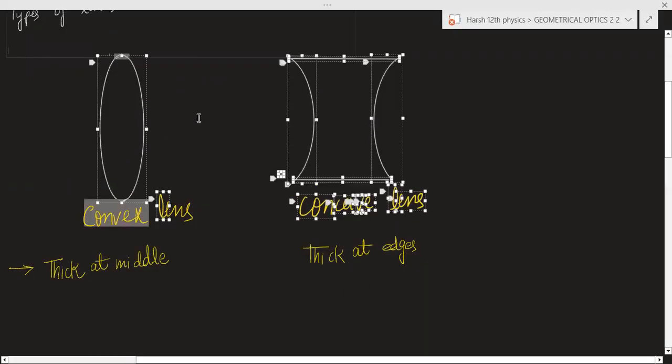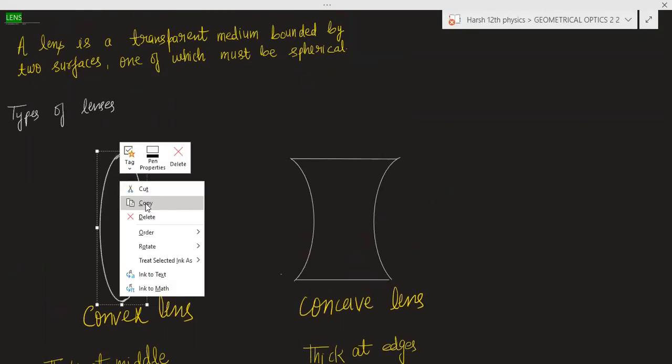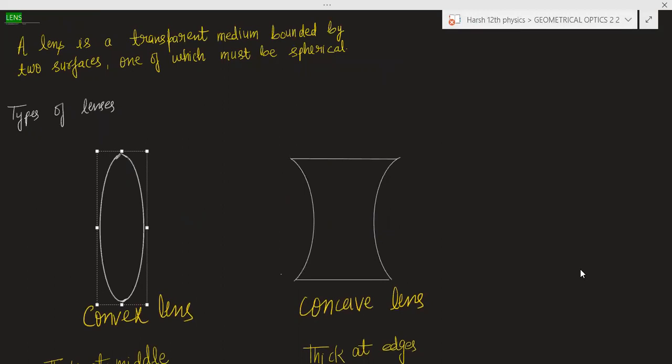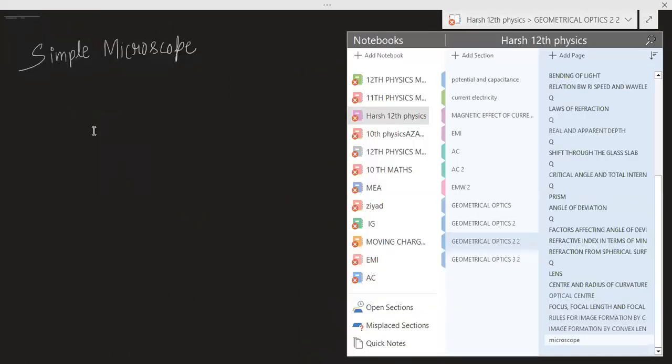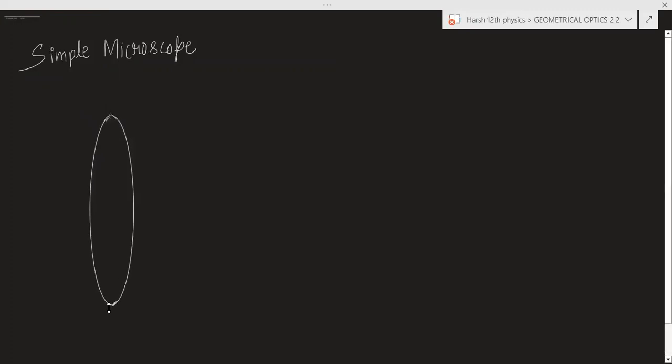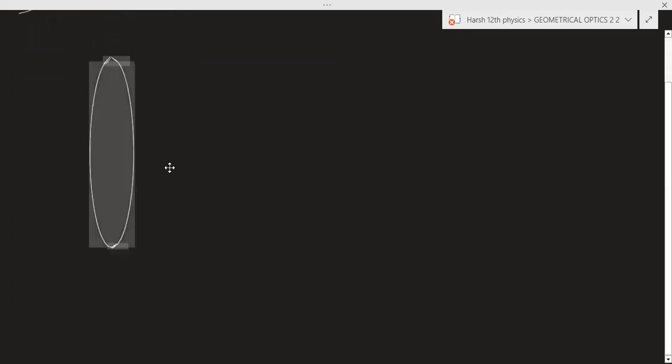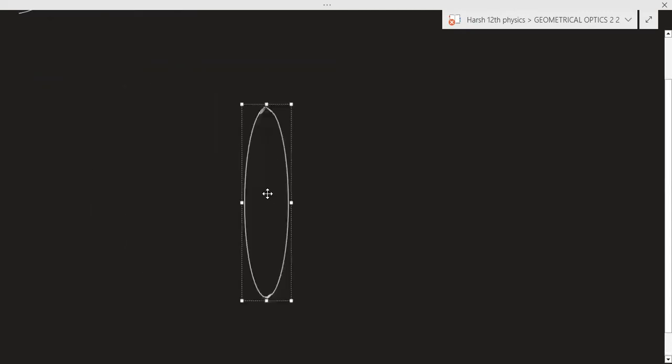So if suppose I am just taking this convex lens, so this is a convex lens, okay.